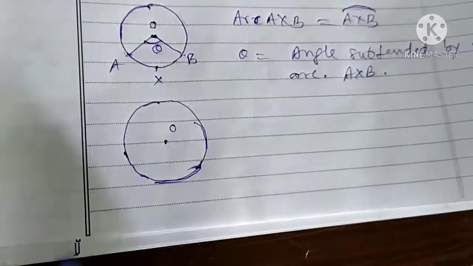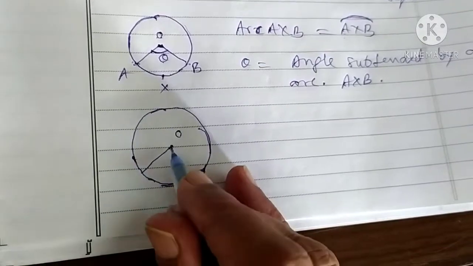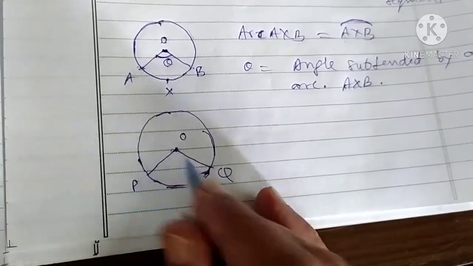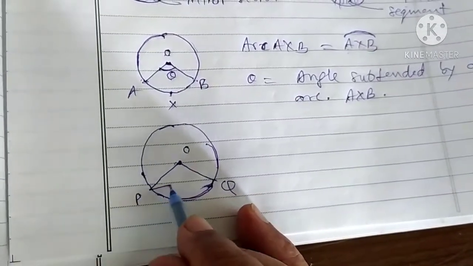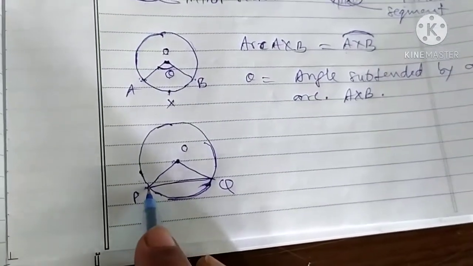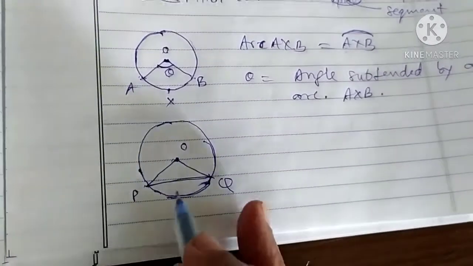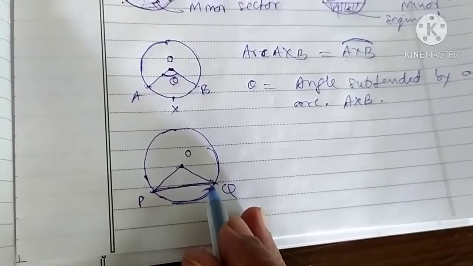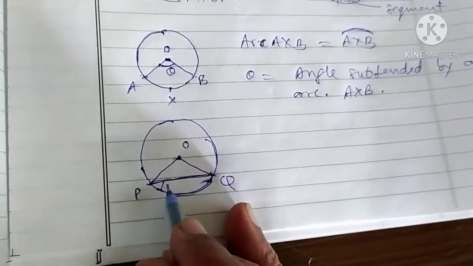Okay, center, two radii, P, Q, OP, OQ. I am joining this point P and point Q. So this has become a chord. Okay, now see, this chord is dividing the circle in two parts.